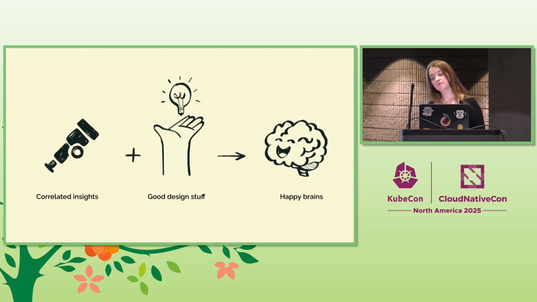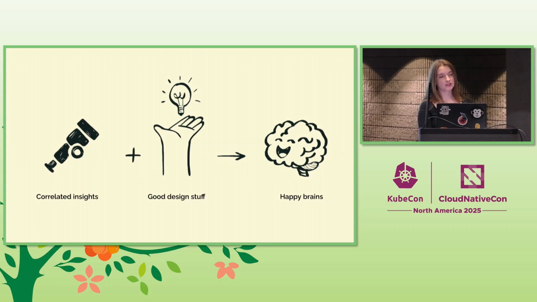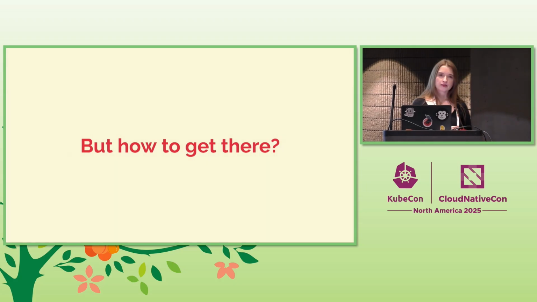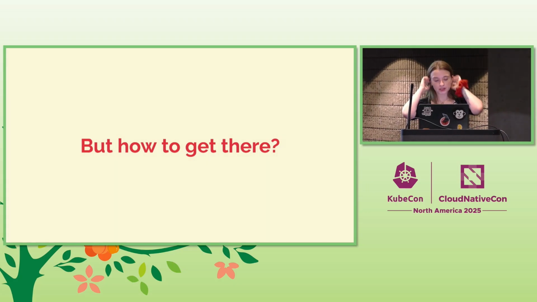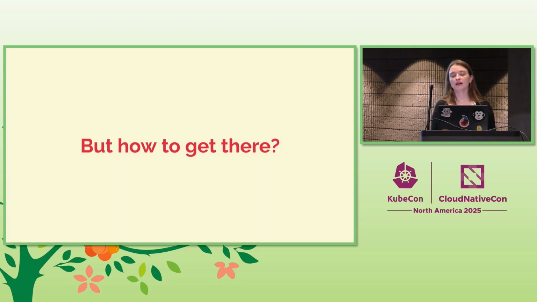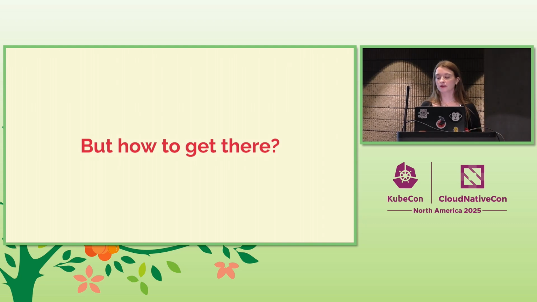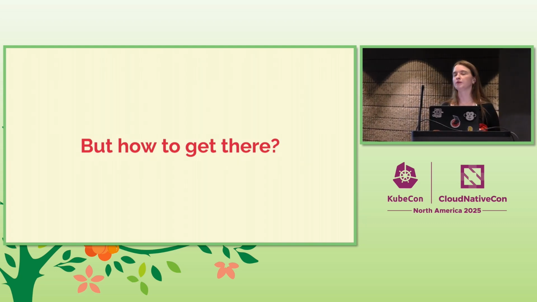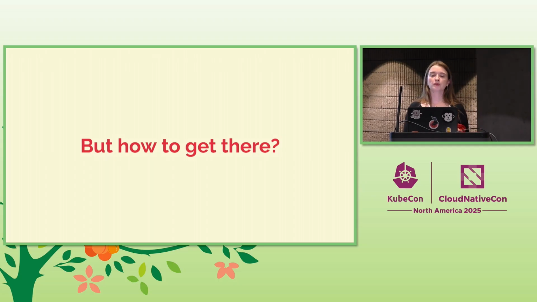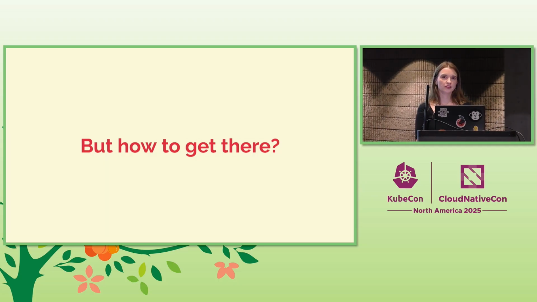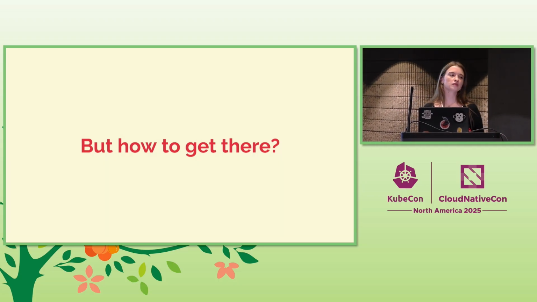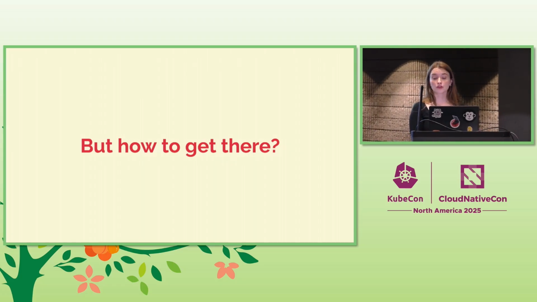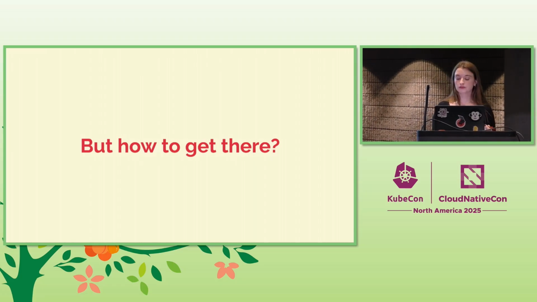And clarity makes our brains happier, especially when things are on fire. But how do we get there? I already made you empathize with the pain and the potential, and now I'm going to talk about the how. For that, I picked some of the design principles that I think are the most important and also practical, so you can start implementing them and understand why they are so important.